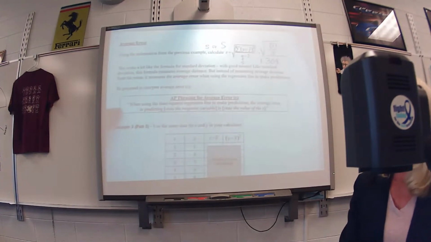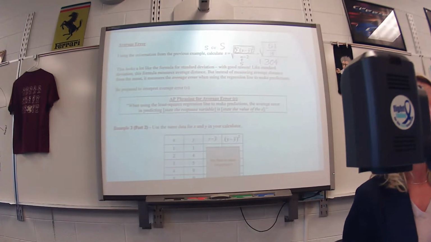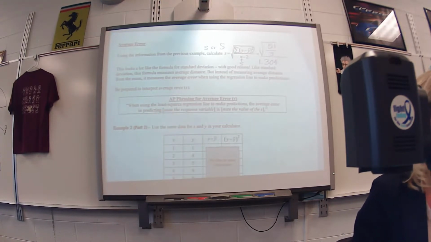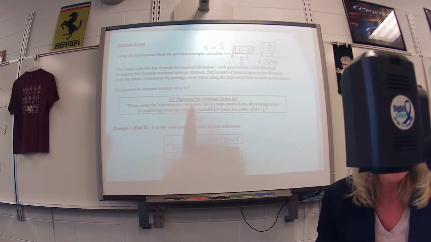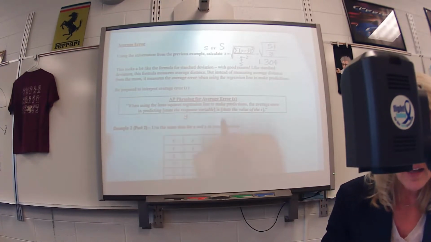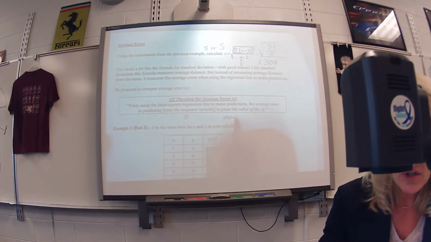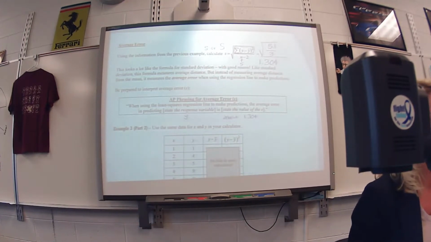And this is how you have to be ready to interpret this for AP. There's a lot of these in this chapter. We interpreted the y-intercept, we interpreted R, we're interpreting S, we're going to interpret R squared. There's a bunch of these, okay? When using the least squares regression line to make predictions, the average error in predicting Y is about 1.304 for the example we just did.